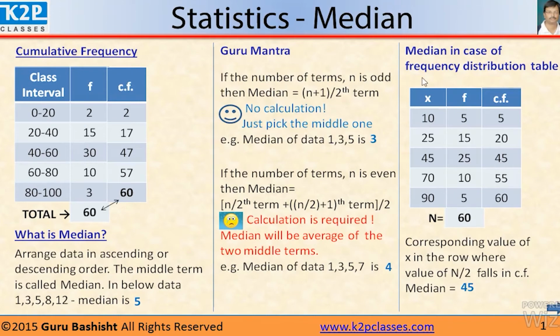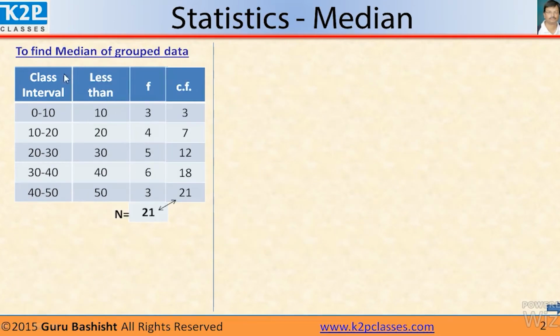Now we have learned how to find the median in a given linear data in a frequency distribution table. Now we will learn how to find the median in a class interval frequency distribution table, that is, to find the median in grouped data.